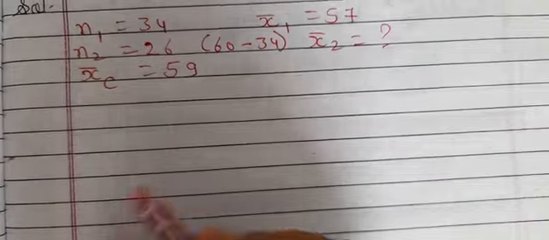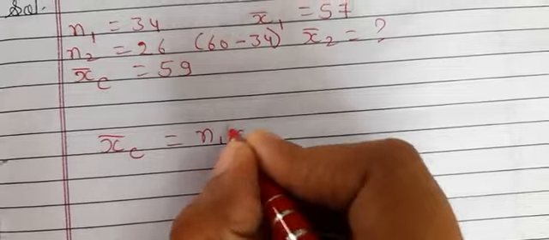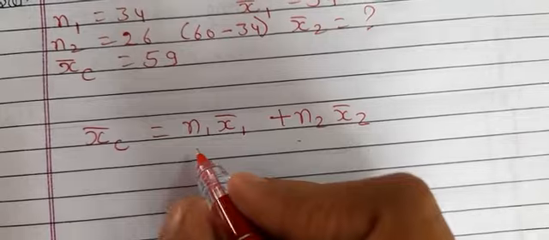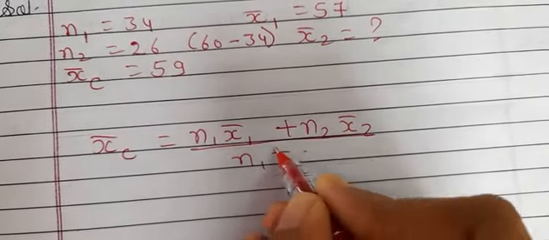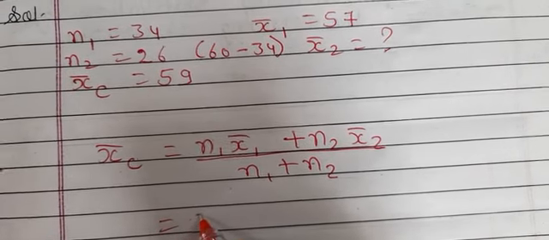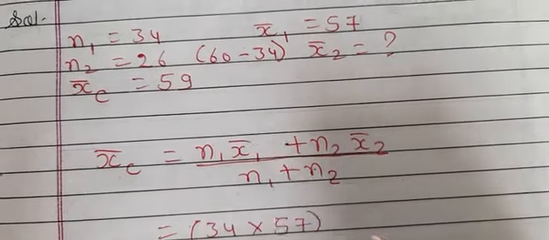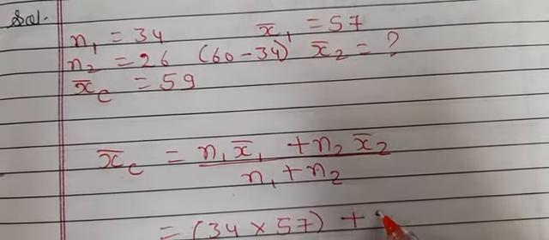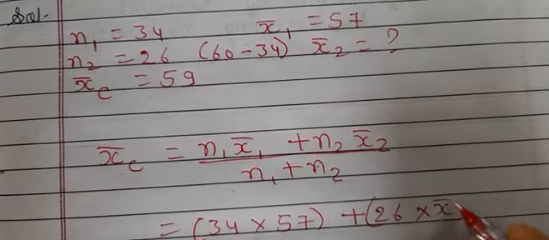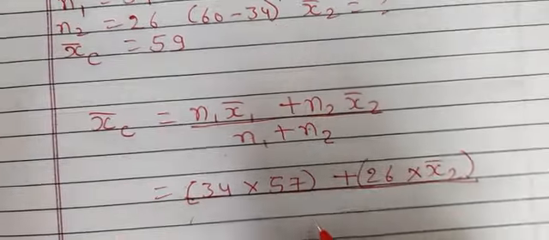Now we'll put the combined mean formula. What is our combined mean formula? X bar C is equal to N1 X bar 1 plus N2 X bar 2 upon N1 plus N2. N1 is 34, X bar 1 is 57, plus N2 is 26 multiplied by X bar 2, which we don't know and have to find, upon N1 plus N2, which is 60.